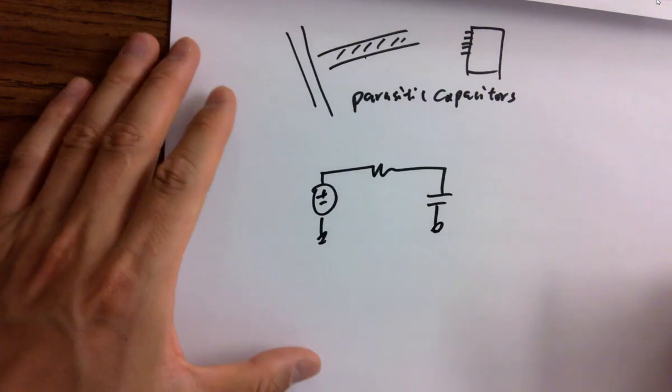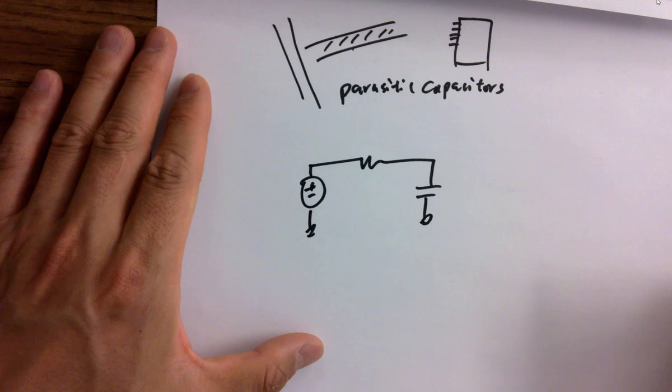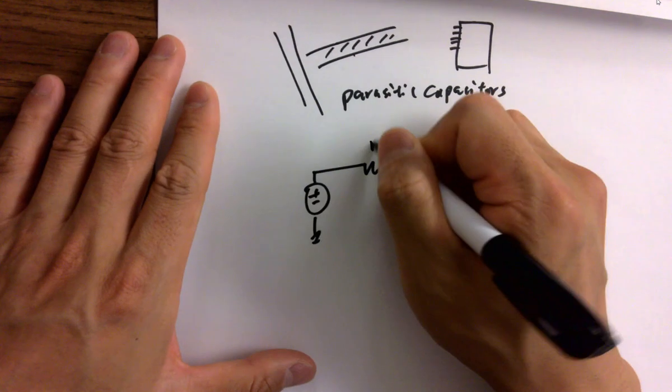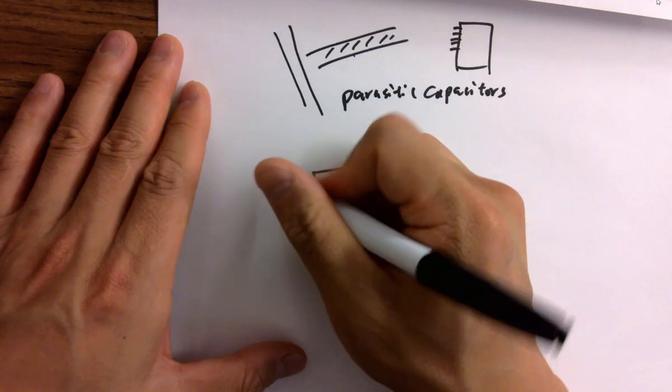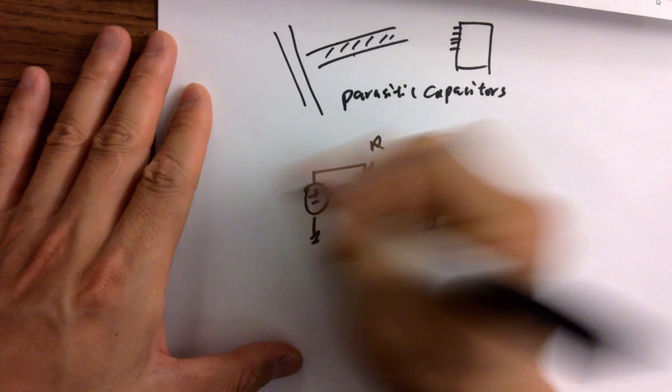Now I get to know, this is why we learned this in circuit 1. Everything makes a lot of sense. So you got an R, you got a C, you got a V. Let's just call it V for now.